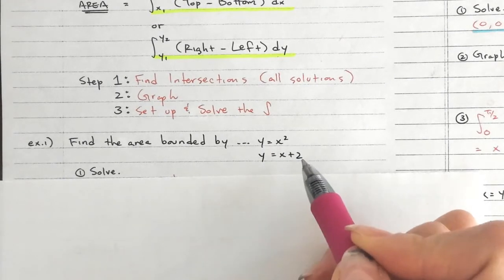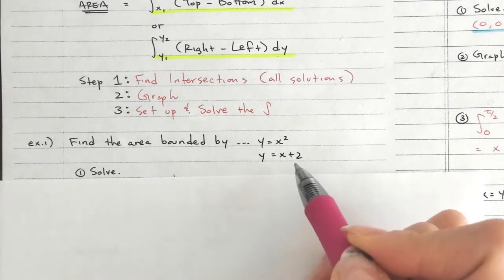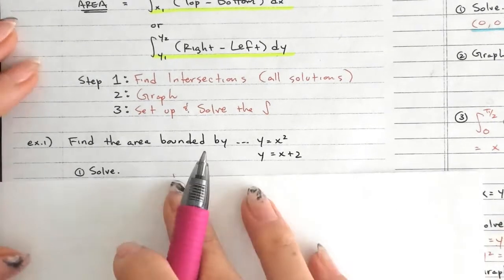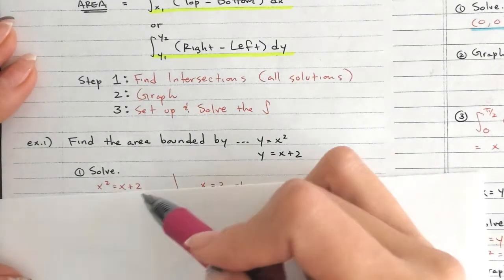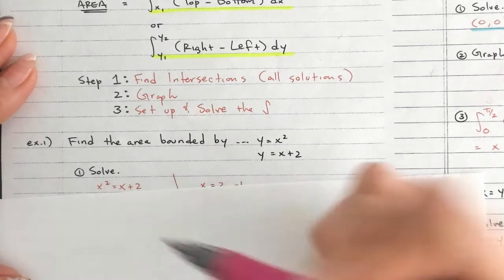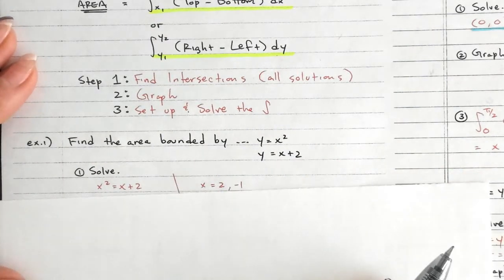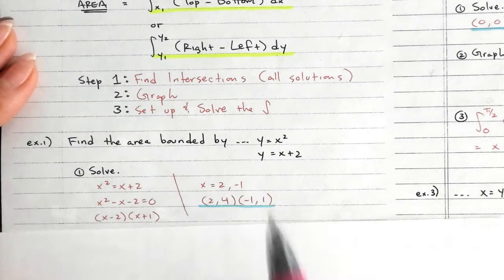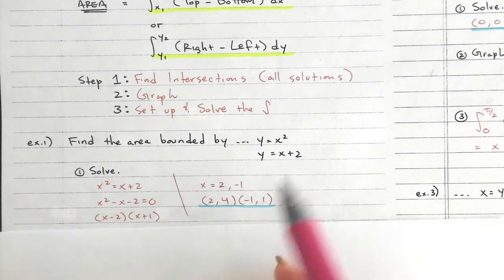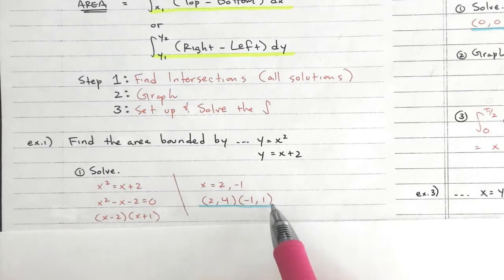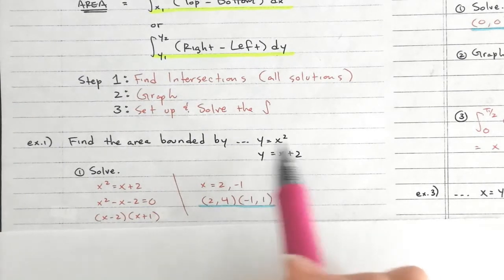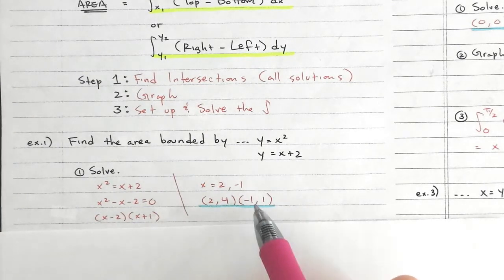You use substitution, or you can use elimination. But I'm going to use substitution, so set them equal, then set them all equal to 0, factor, and then you get these 2 values for x. Just remember that really you want solutions. Solutions are points. So these 2 equations give you these 2 points of intersection, right?